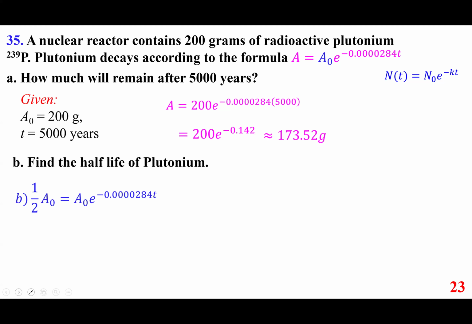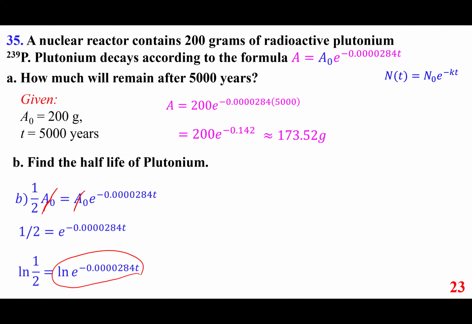So we drop A sub 0 from both sides. We take the natural log of both sides. When you take the natural log of the left side, it's just ln 1 minus ln 2, or just ln of 1/2. When you take the natural log of the right side, ln of e to some power just gives you the exponent.